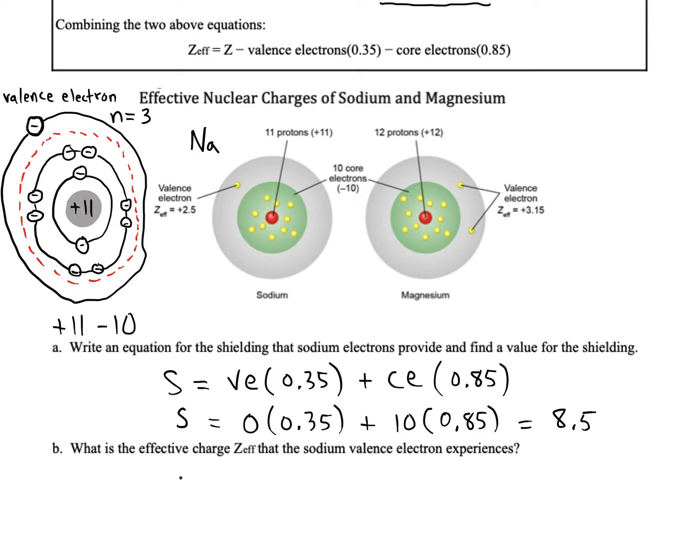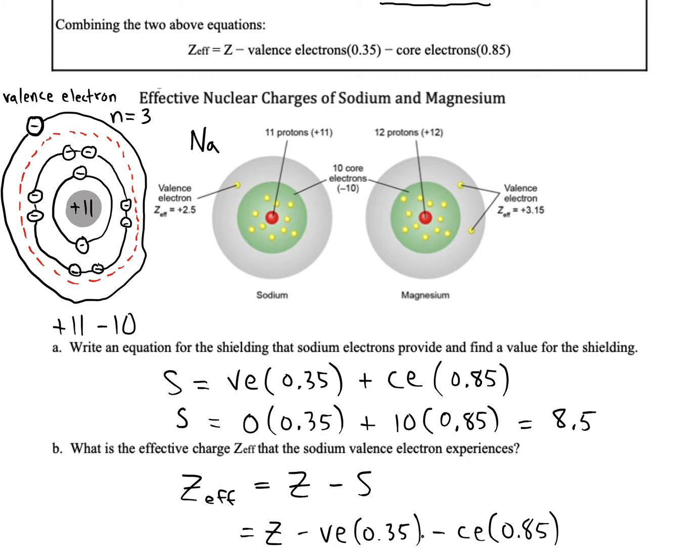So that formula is often written as Z_eff equals Z minus S, where Z is the atomic number and S is the shielding, or we could rewrite it as Z minus the valence electrons times 0.35 and then minus the core electrons times 0.85, the idea being that the electrons contribute a negative toward the charge and the protons contribute a positive number.